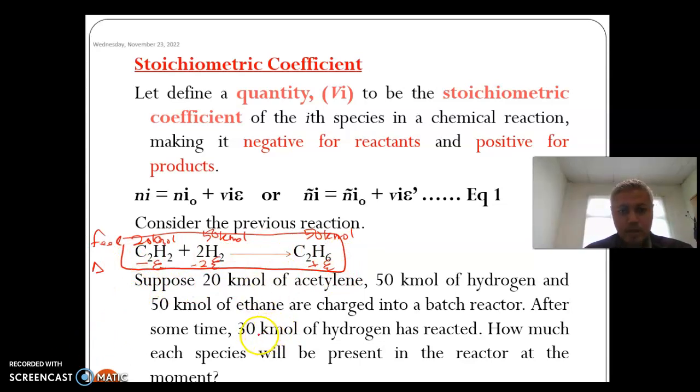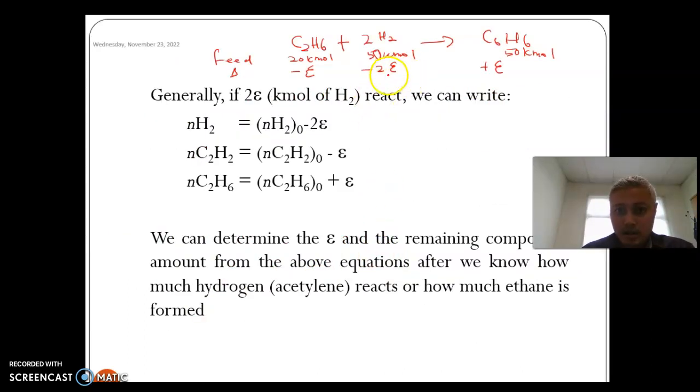We have been told that 30 kilomole of hydrogen has reacted, which means minus 2 epsilon is equal to 30 kilomole, because 30 kilomole has reacted. If you go to the next slide, we need to find the value of epsilon.